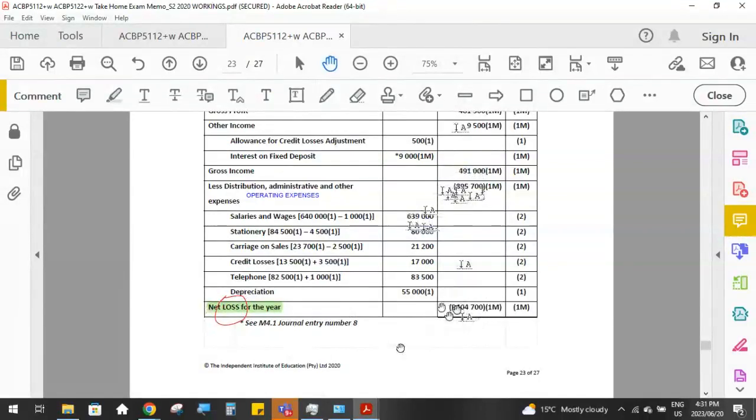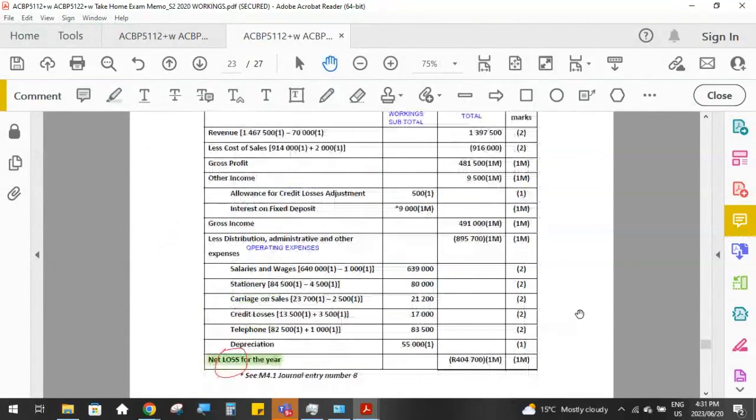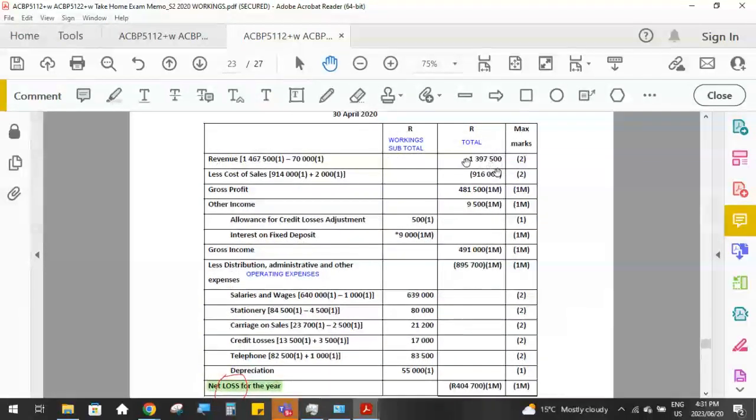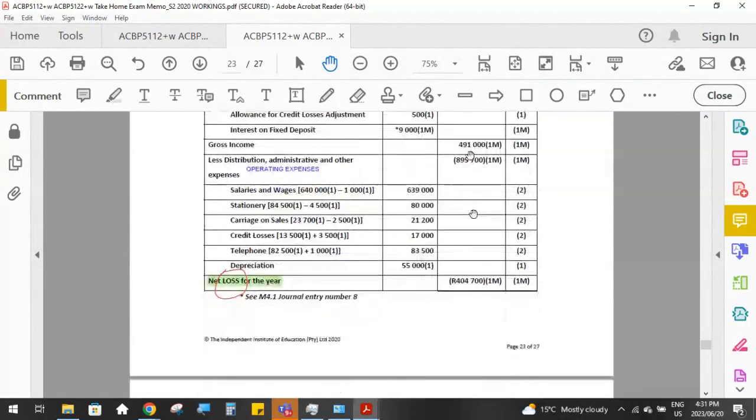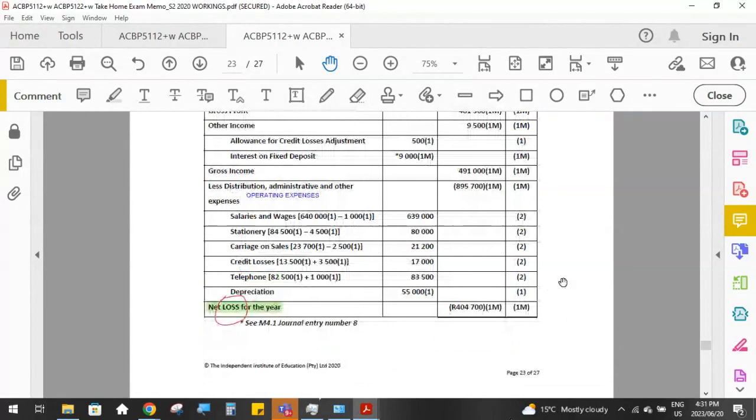If that amount had been positive, then that would have been a profit. Because remember, our revenue is recorded as a positive figure at the top, and all of our other income we also recorded as a positive figure. So if we had profits, it would still be positive, and all of our expenses are negative. So if our total is negative, that means we've made a loss for the year.